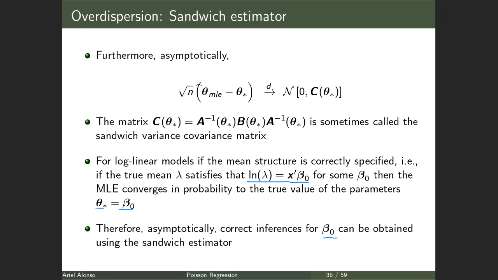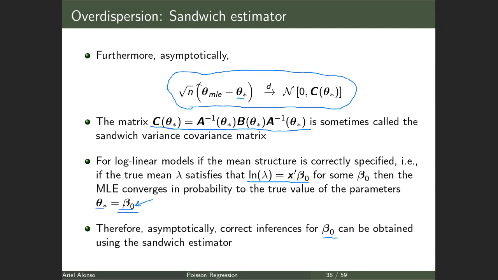With this general result, you can use the sandwich estimator and you can get correct inferences. Typically, you will get correct inference for theta aster, but if you specify the mean correctly, then theta aster is equal to beta 0, and you can get correct inferences for beta 0. But again, at least the mean needs to be correctly specified.